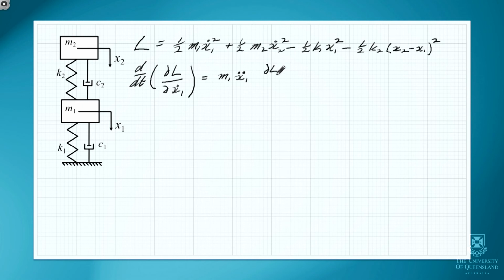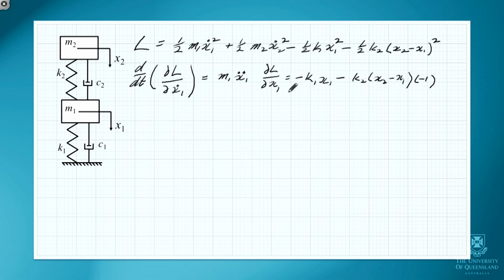If I take dL/dx1, this is a bit more complicated because it involves both springs. It's going to be minus k1 x1. And the second one is, well, once again, it's going to be k2 times (x2 minus x1), but I've also got to differentiate with respect to the contents of the bracket, and there's a minus sign in front of x1, so it's multiplied by minus 1.